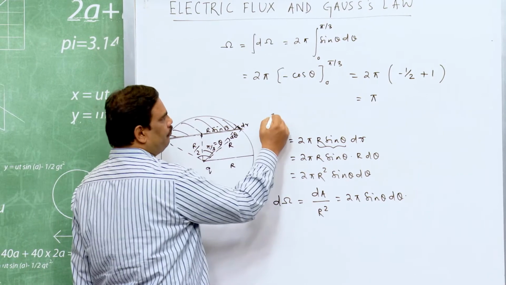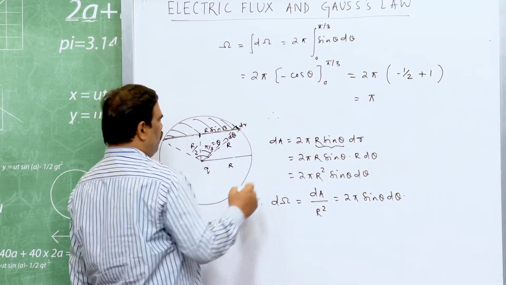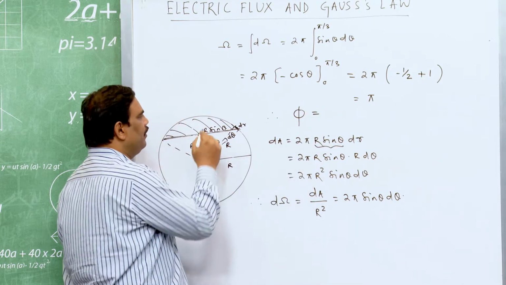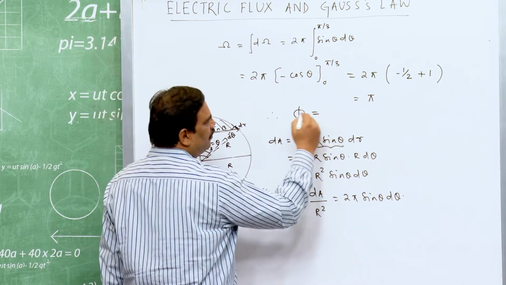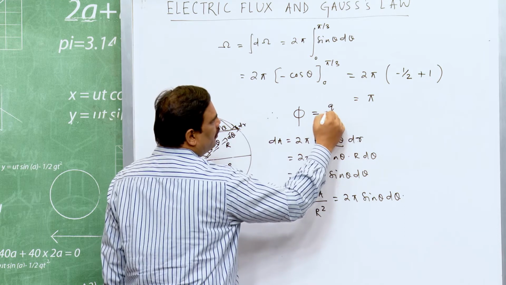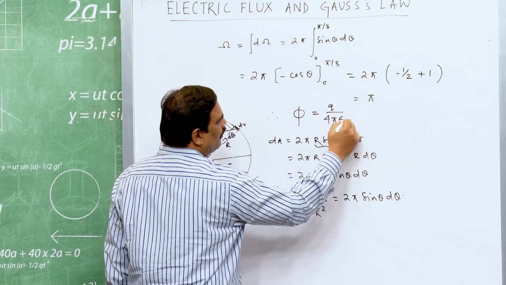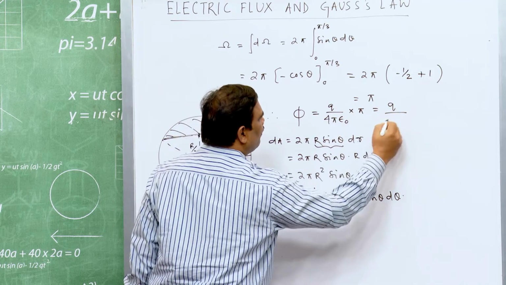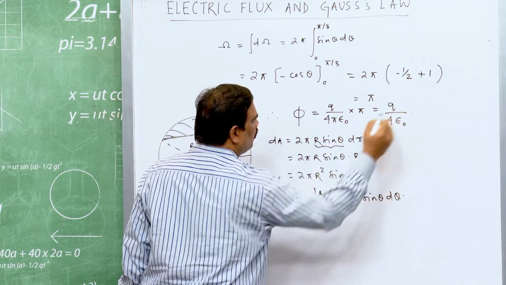Hence, the flux phi linked with this much of surface, the shaded surface, is q divided by 4 pi epsilon naught into pi. So, this is q divided by 4 epsilon naught.